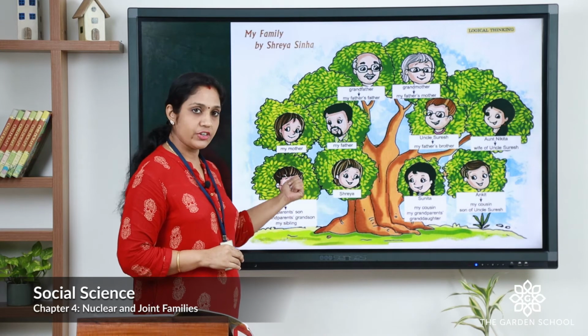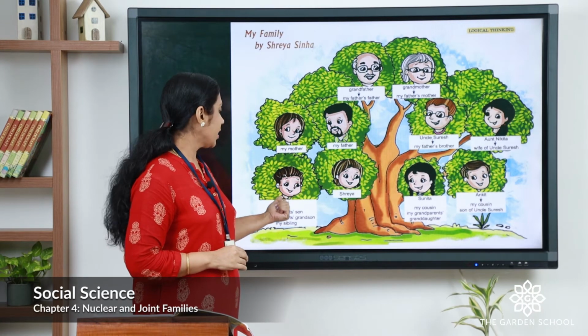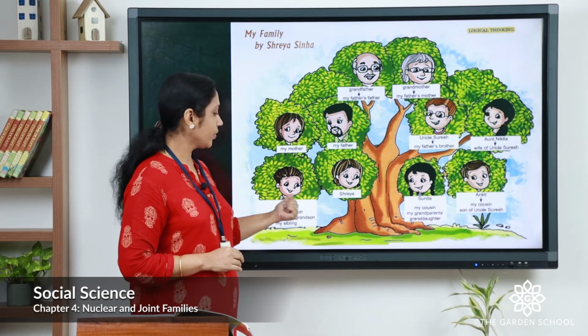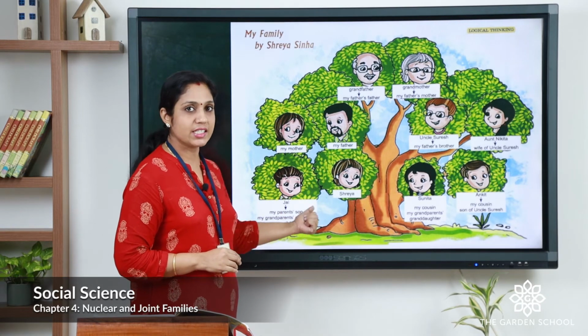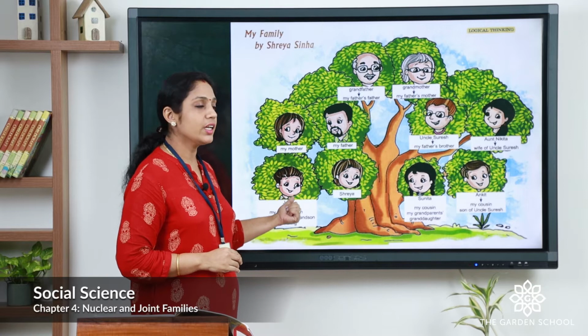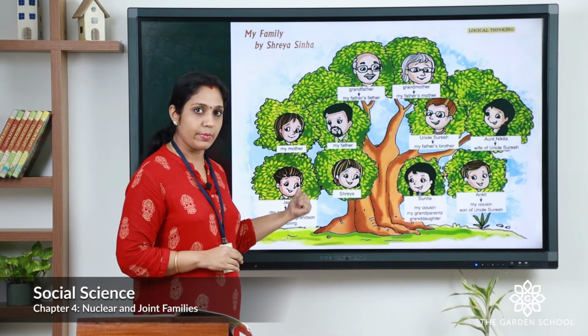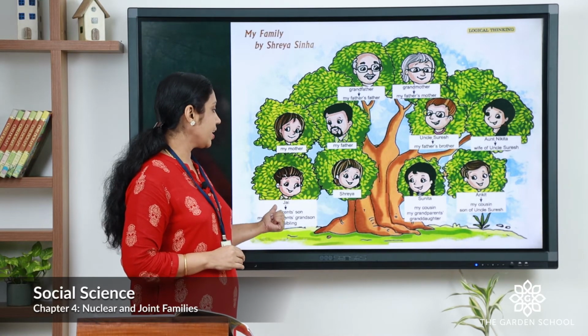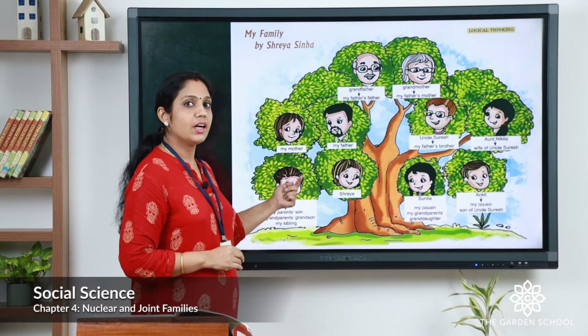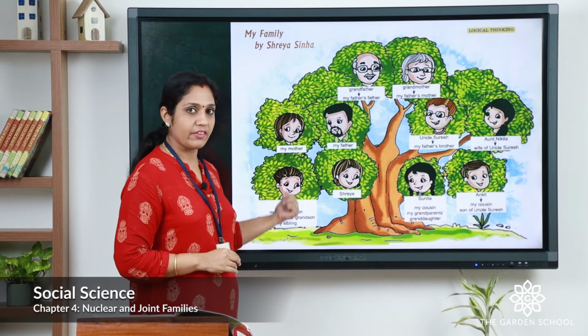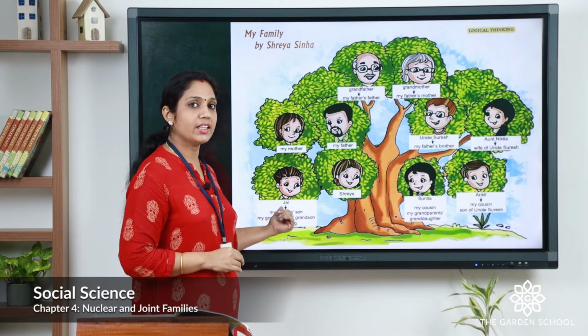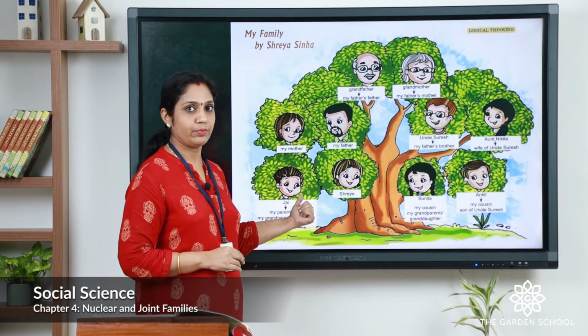So Shreya is introducing him as her parents' son, my grandparents' grandson and my sibling. So who is Jay? Jay is Shreya's brother. She's also saying that he is her parents' son and her grandparents' grandson, and she's saying that he is her sibling.